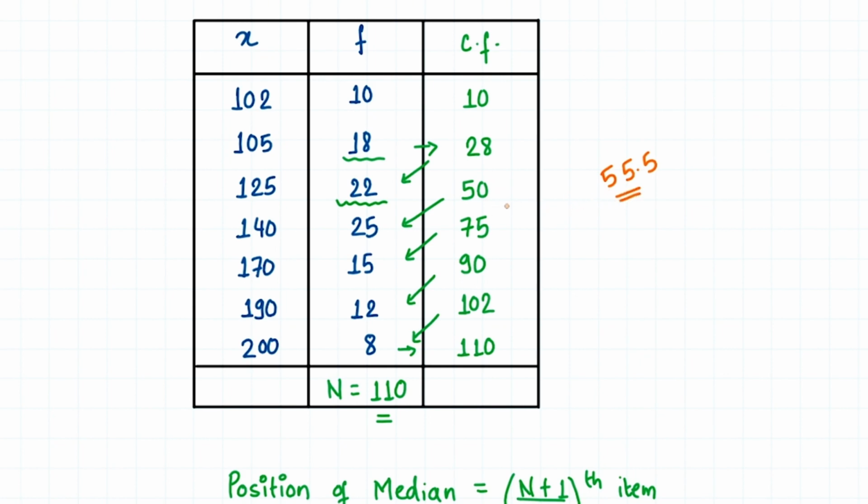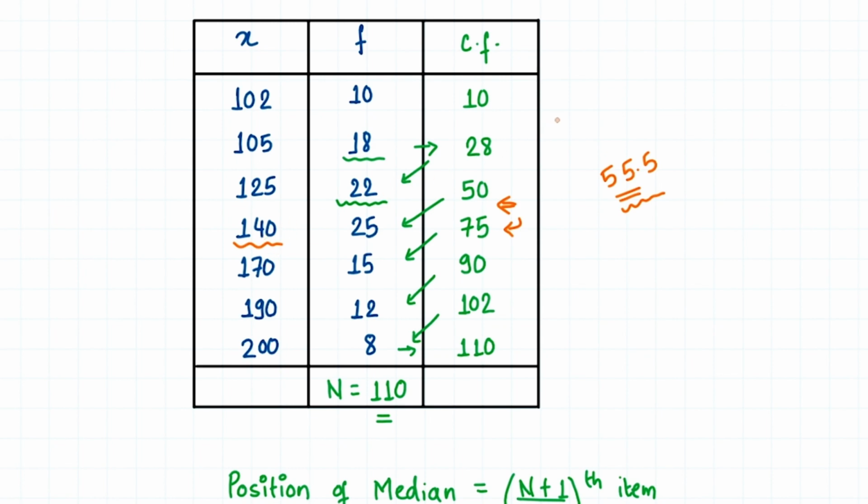This 55.5 is going to lie between this 50 and 75, right? And after you find this out, the median is going to be the data just below this 55.5, okay? Which is our 75. And our data for the cumulative frequency 75 is 140, right? So our median is going to be 140.